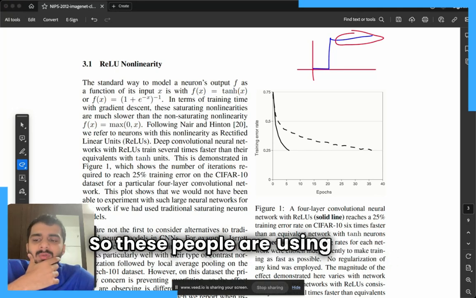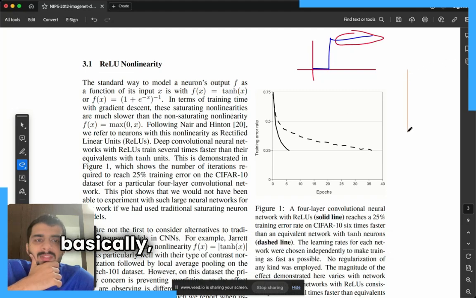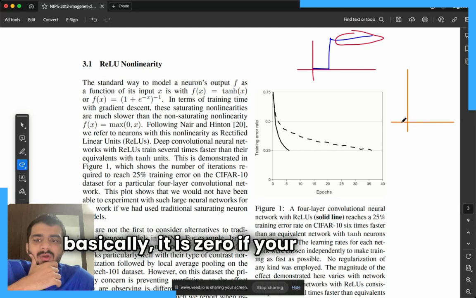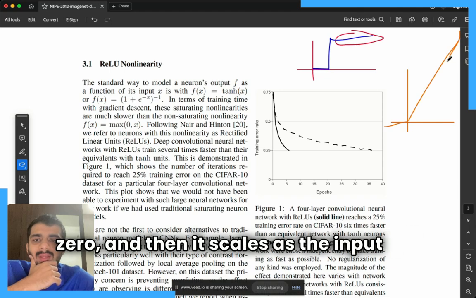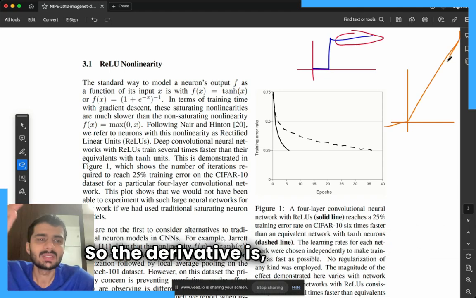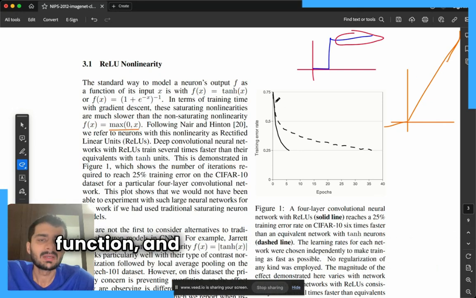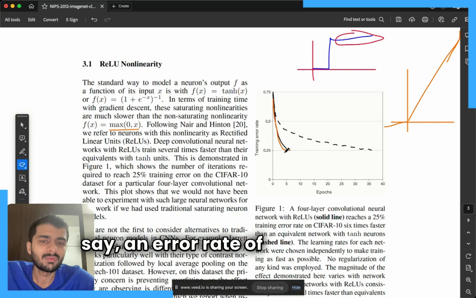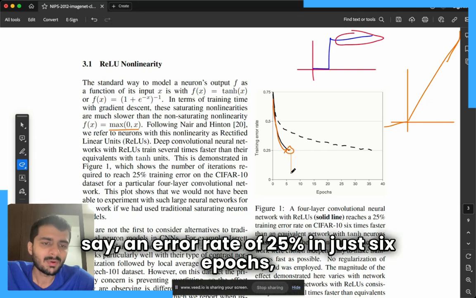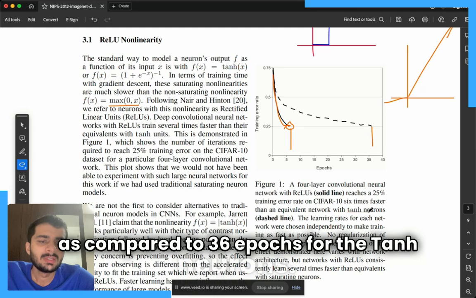So these people are using a ReLU function, which is basically zero if the value is less than zero, and then it scales as the input like this. So the derivative is never zero in this case. You can see this is the ReLU function, and it trains much faster. It achieves, let's say, an error rate of 25% in just 6 epochs as compared to 36 epochs for the tanh neurons.